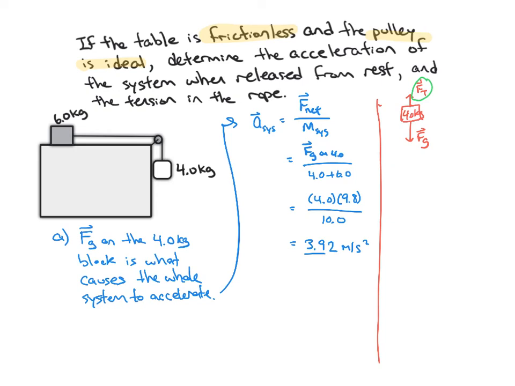So same as before, Newton's second law, F net equals ma. However, the net force, since gravity is bigger than tension, I'm going to write it as the magnitude of the force of gravity minus the magnitude of the force of tension equals mass times the magnitude of acceleration.